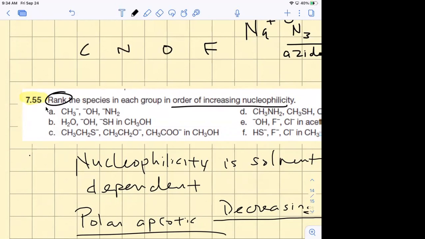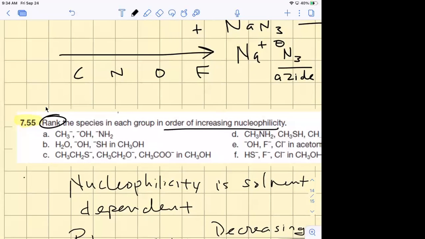So when you look at that going across the periodic table, which one of those is going to be your best nucleophile? If nucleophilicity is decreasing left to right, carbon. So carbon is going to be the best. And then which one is going to be the worst? Oxygen. Are y'all following that?